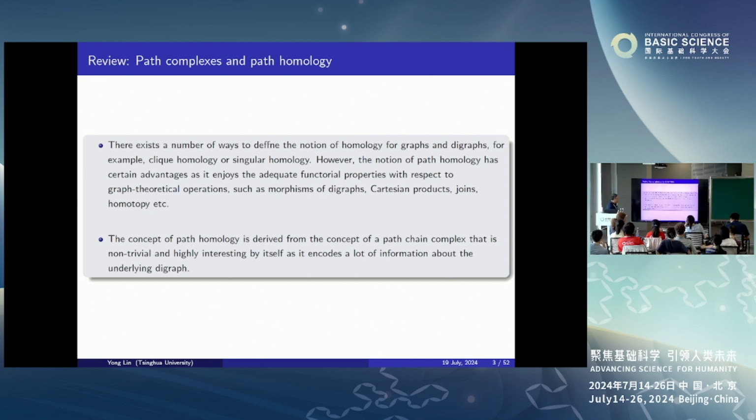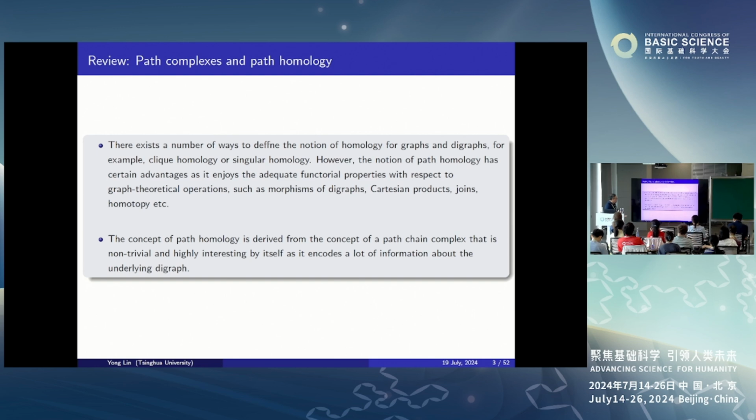We know there are some different definitions for the homology on graphs. For example, the Greek homologies, which use the complete subgraph as a simplicial set, and also the so-called singular homology. However, the notion of path homology has some advantages because it enjoys some properties.